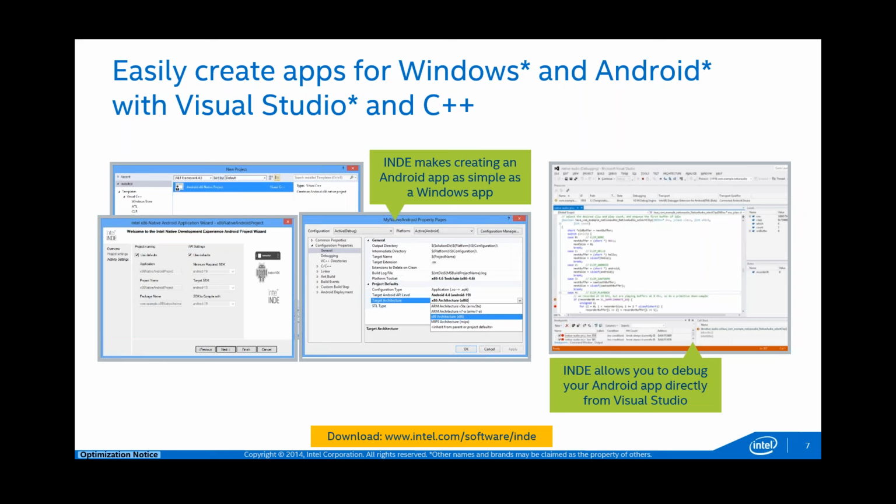And one more good thing, the beauty of this is you can even start debugging your Android applications directly from Visual Studio. So that's the live debugging that you can do using Visual Studio. These are the various flexibilities that you have, and you can do the development for both Windows as well as Android applications using C and C++.